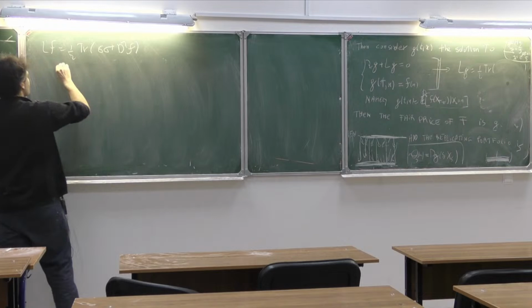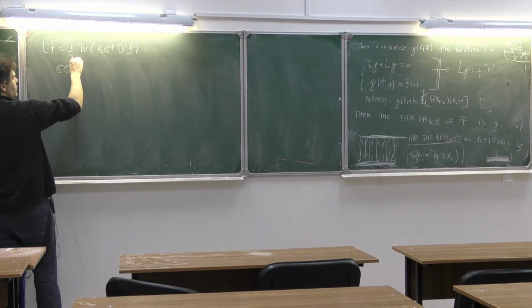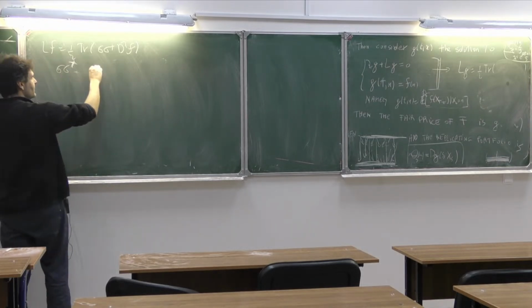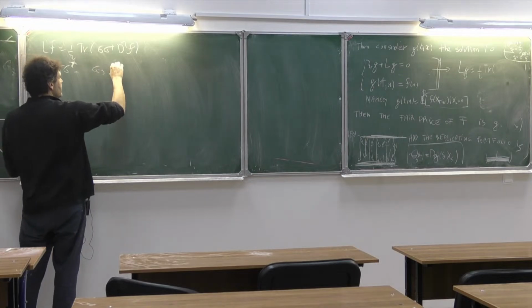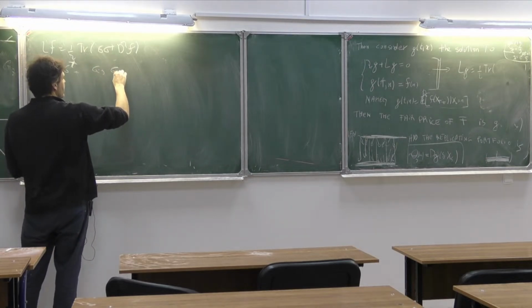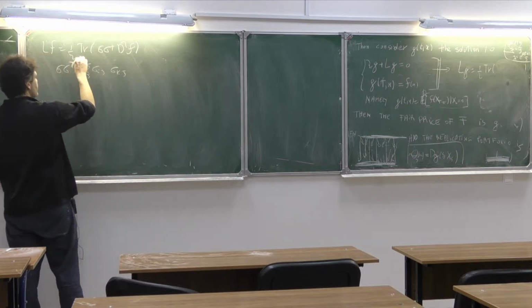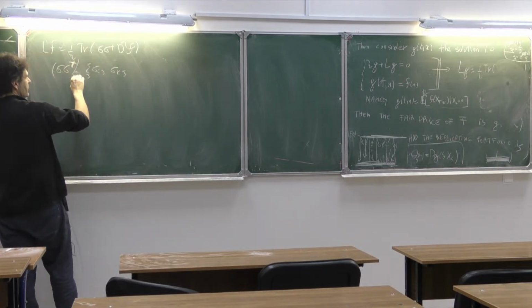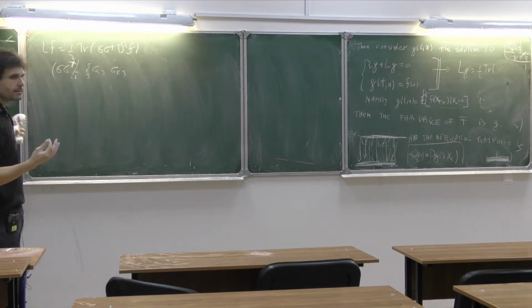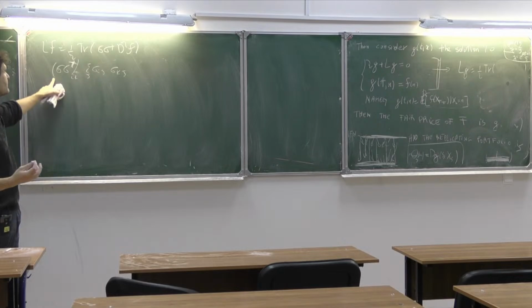Here sigma sigma star means the sum over j of sigma_ij sigma_kj, the matrix component ik, just the square of the matrix, which is a symmetric matrix.